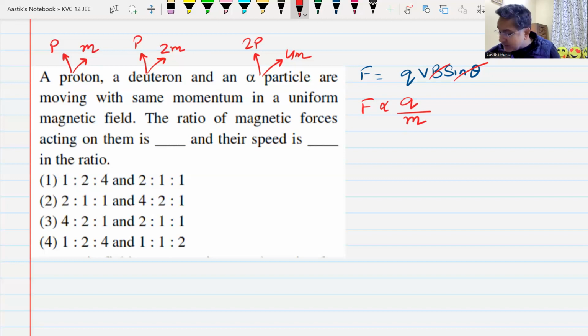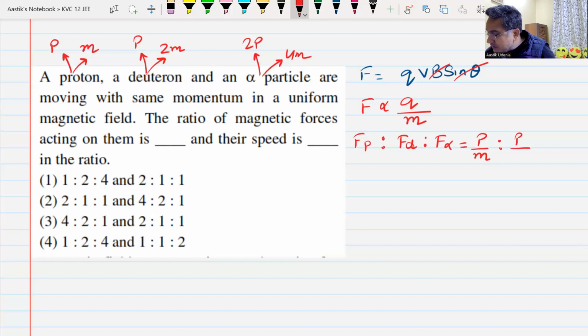Well done. Then force on a proton is to force on the neutron is to force on the alpha will be equal to P by M is to P by 2M is to 2P by 4M. So what is the ratio coming?